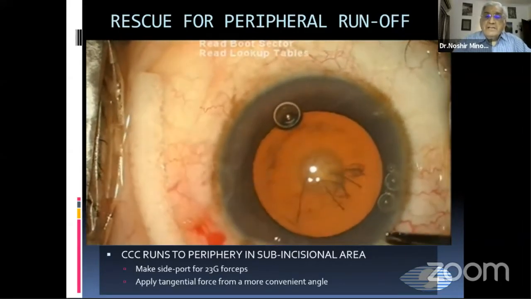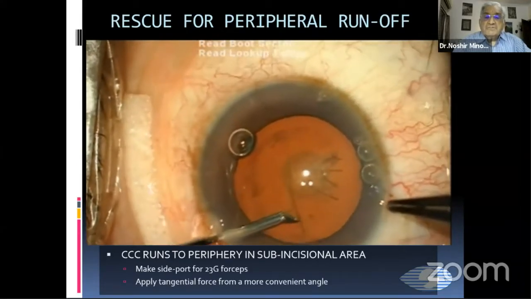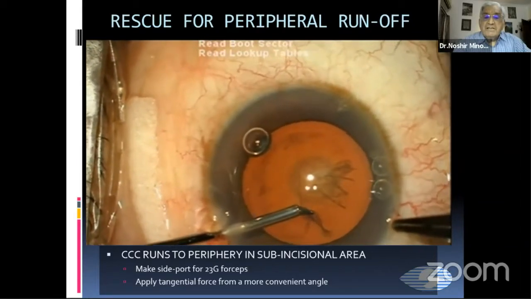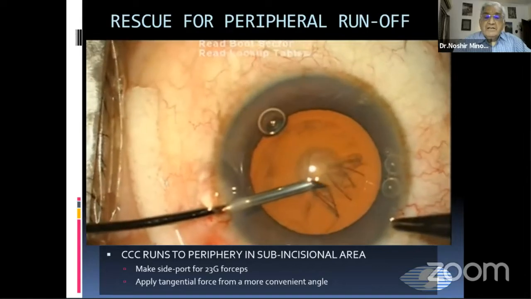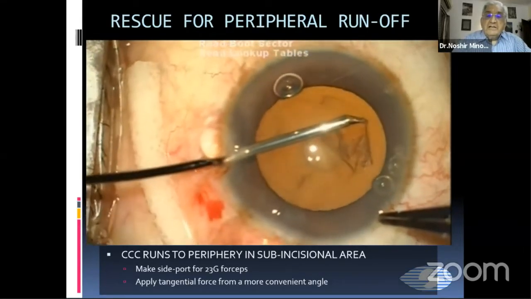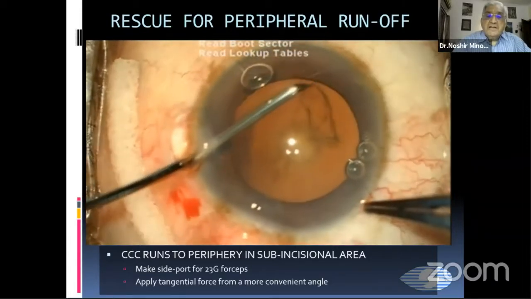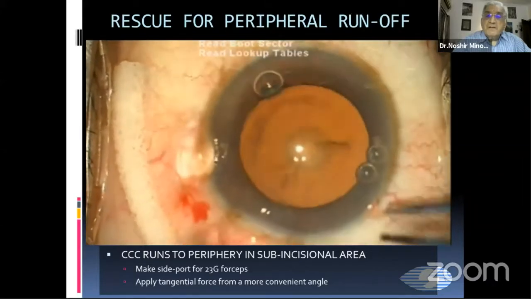And then I use my 23 gauge capsular rhexis forceps from a side port, which maintains a very adequate anterior chamber. And the forces are also directed tangentially. And you must remember that whenever you do this, you should be away from the tearing edge, because if you are near the tearing edge, you will not get this rhexis perfectly, and it will go more to the periphery.